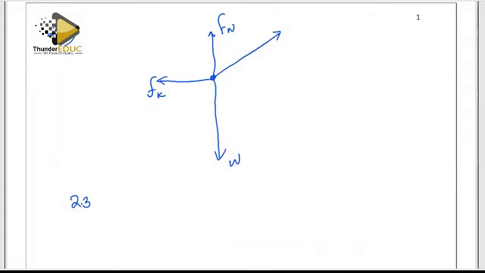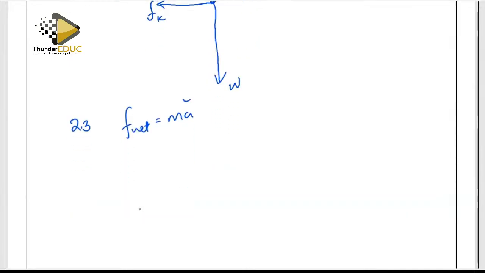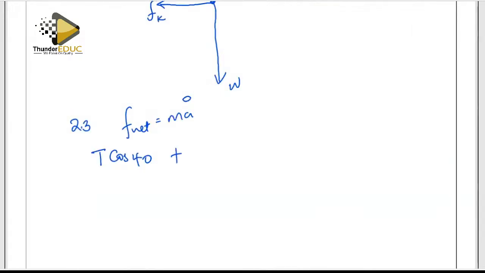Okay, so I'll say that F net is equal to ma since it's moving, but we're going to have a 0 this side since it's moving at a constant velocity. So our T cos of 40 plus a negative Fk should give us a 0.